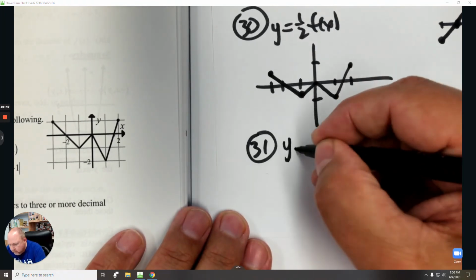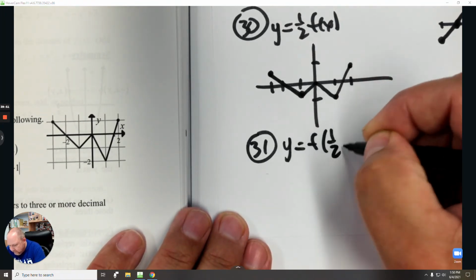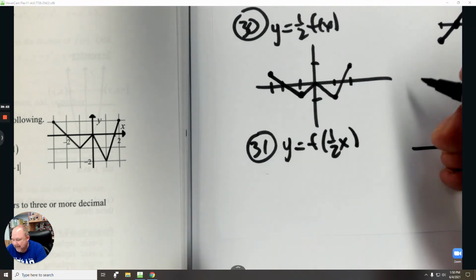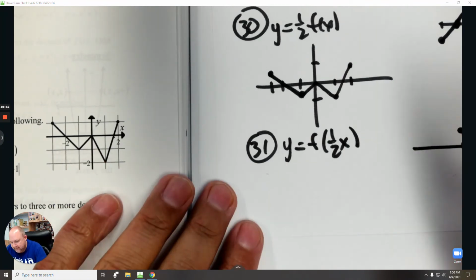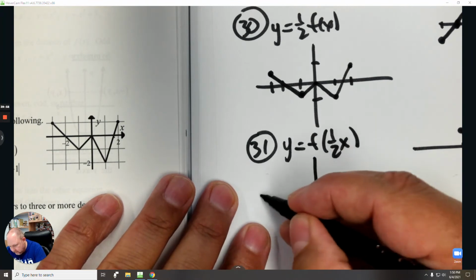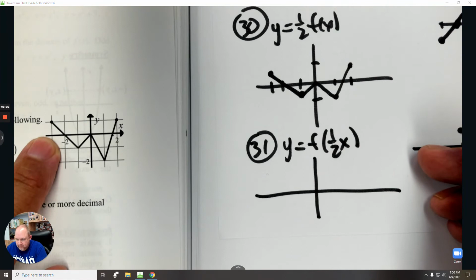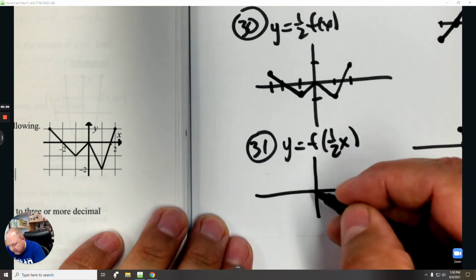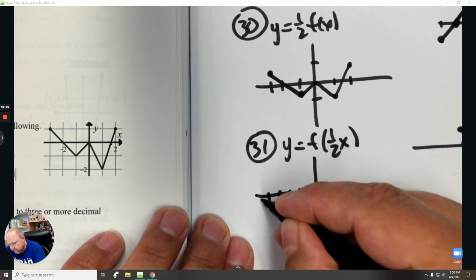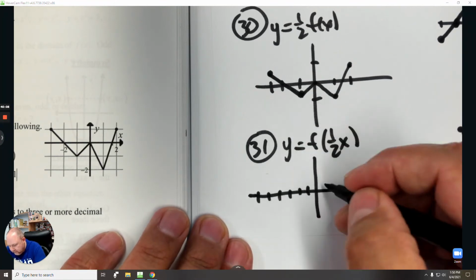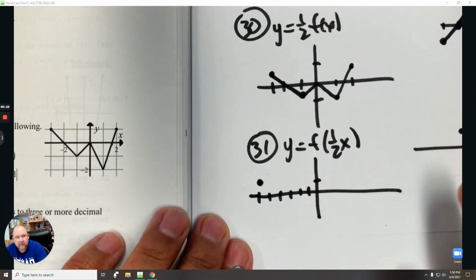31. What happens when it's 1/2 inside? It does the inverse. So the x values you're going to multiply times 2. It's going to be a lot wider. So negative 3 times 2 is negative 6. So it's negative 6 and 1.